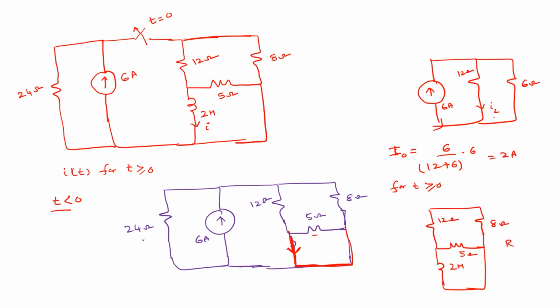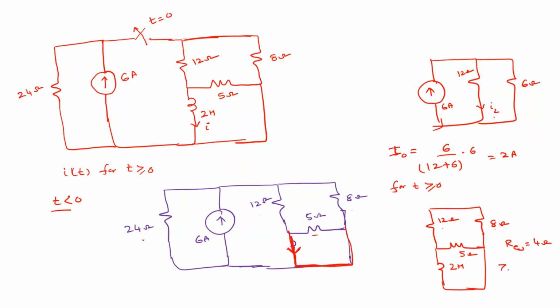So what is R equivalent here? 4 ohm. This 12 and 8 are in series, right? And in parallel with this 5 ohm resistor. So 100 by 25, 4 ohm. R equivalent is 4 ohm.